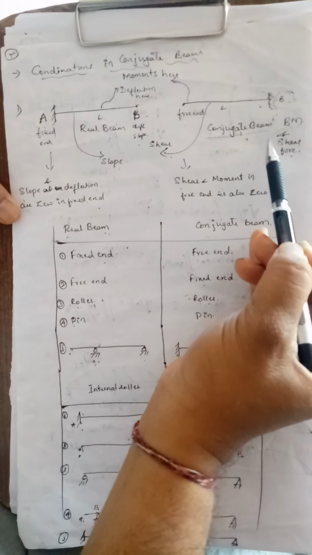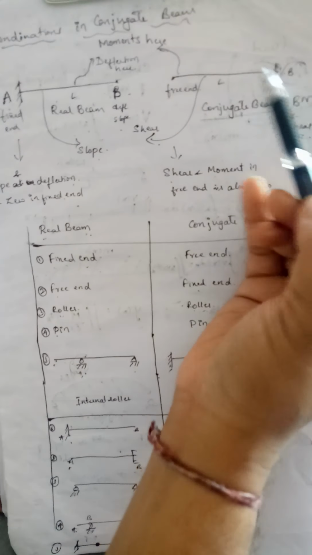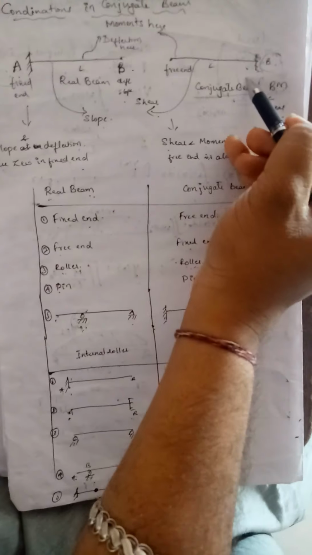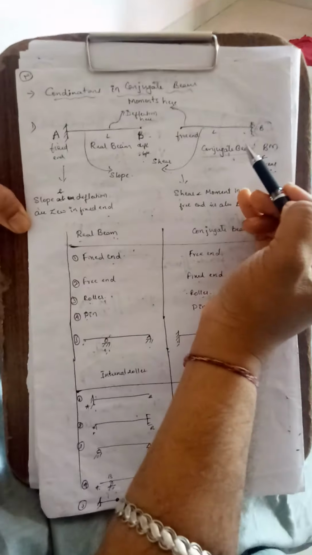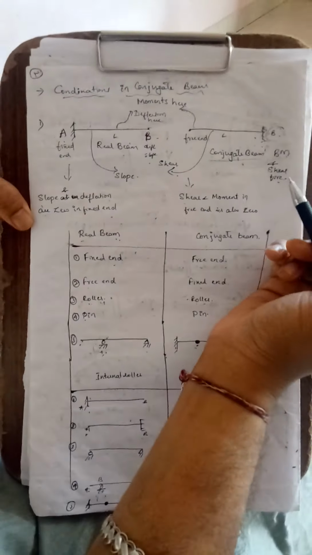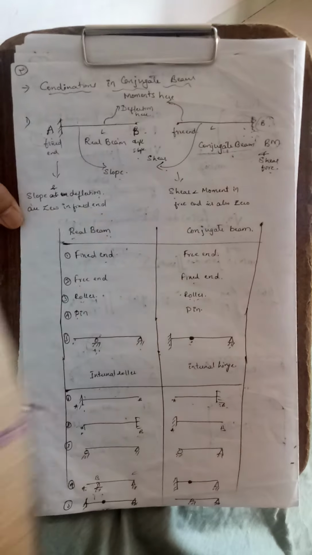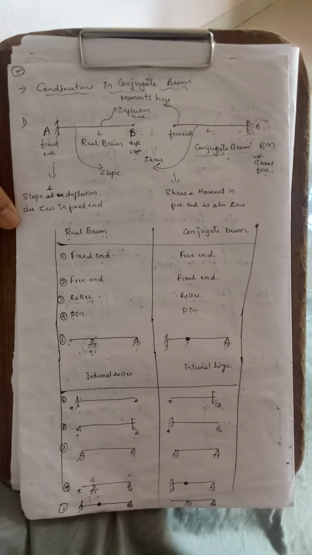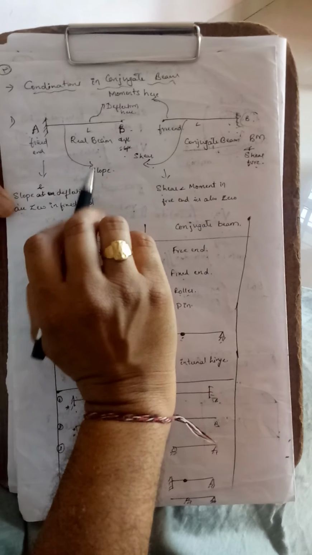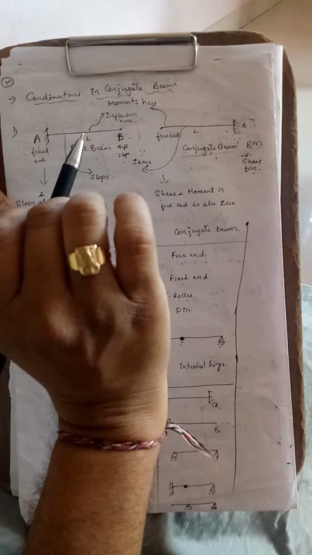See the conjugate beam on the right-hand side. For this beam we need to find the shear force at point B and the bending moment at point B, which give the slope and the deflection. In the real beam, the deflection and slope are equal to the bending moment and shear force of the conjugate beam at that point.